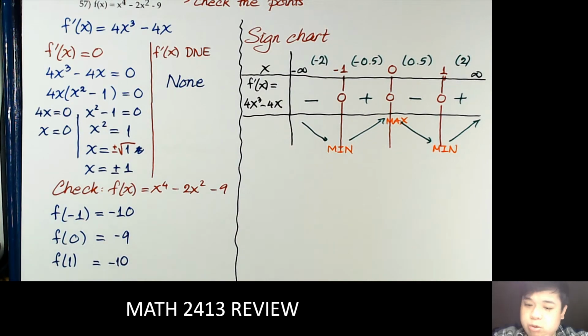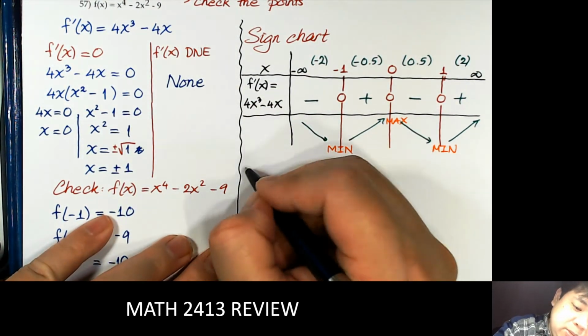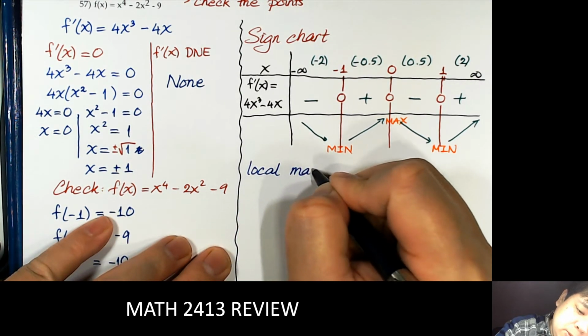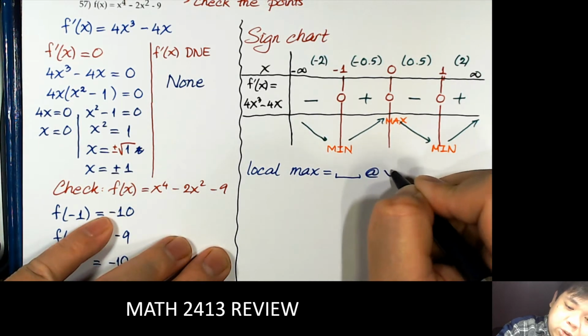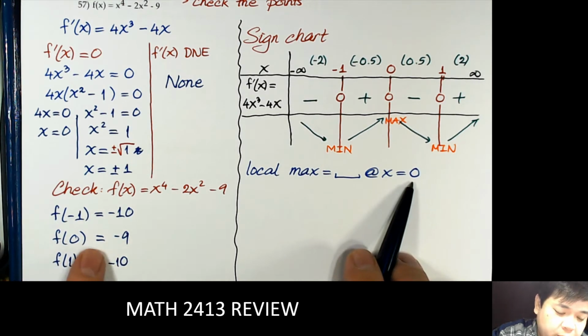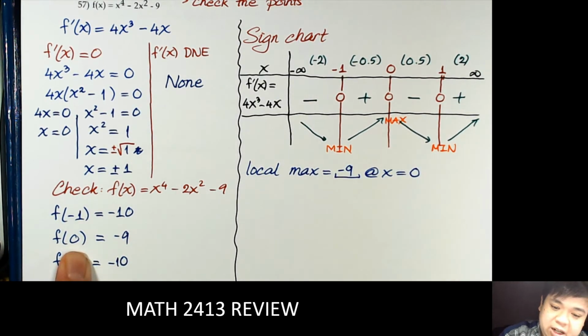So from there we will say this is a local maximum when x equal to 0. We know that when x equal to 0, the function equal to negative 9, so that's why we have negative 9.